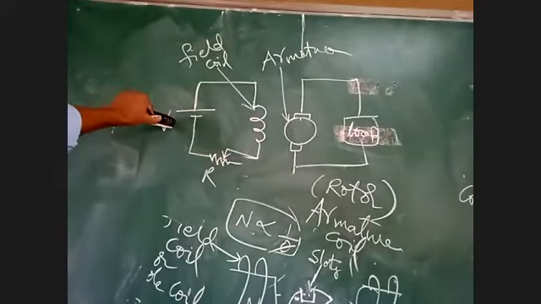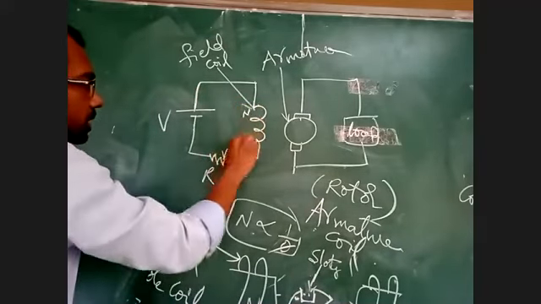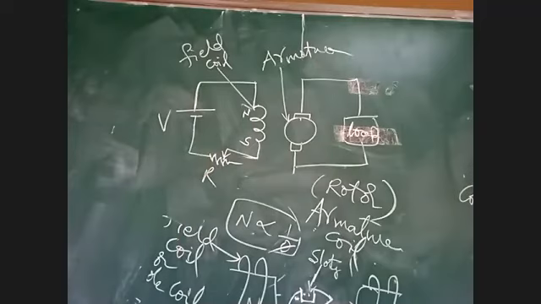Field coil is connected to supply voltage. Here, magnet is there, north pole and south pole. On the iron piece, we are winding this field coil. Field coil purpose is to make the iron piece as magnet, as north pole and south pole.